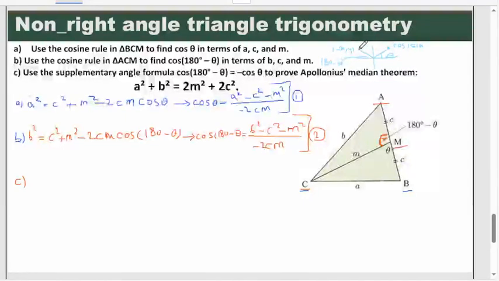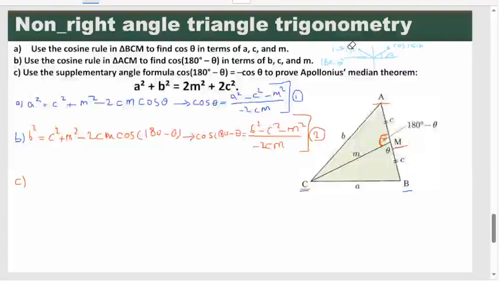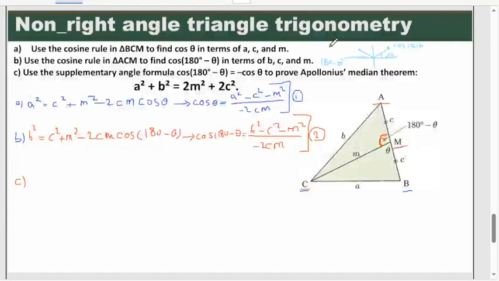So I reflect it, my x becomes negative x, so it would be negative cosine of theta. We call it the supplementary angle formula. We are going to prove Apollonius median theorem here. For this theorem, I use this formula.